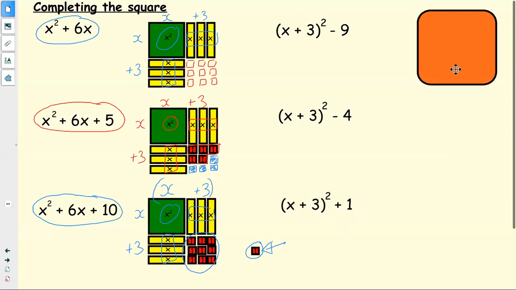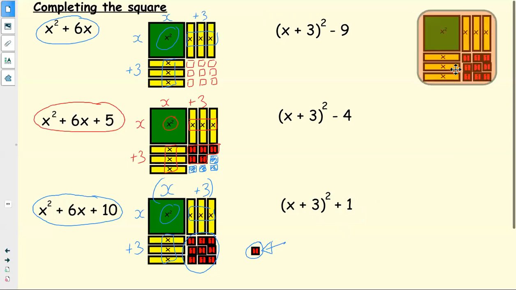Okay, now let's look at the perfect square. So that is my perfect square. Look at this number 3 here. That number 3 and that number 3 are multiplying together, and that will give you that 9 here.